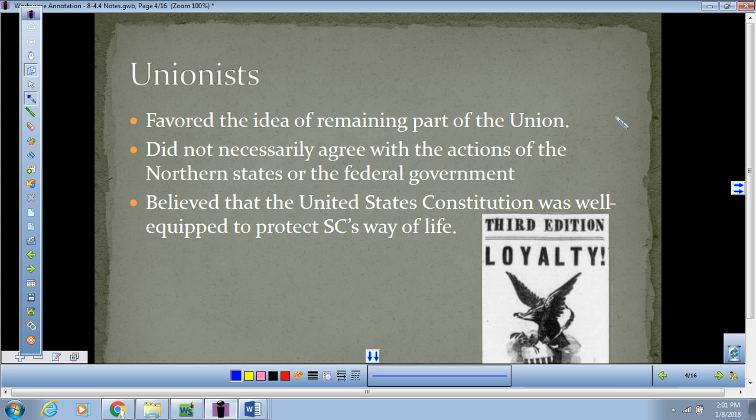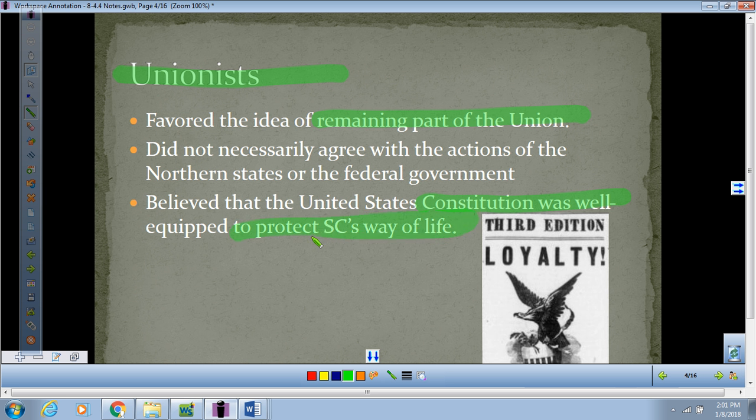Now, here's the big thing about the Unionists. The Unionists said, no, remain part of the Union. I don't agree with the actions of the federal government, but the Constitution will protect South Carolina's way of life.